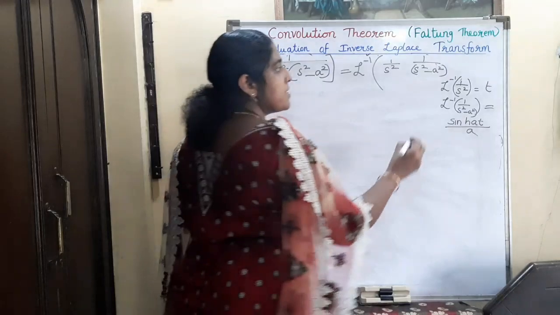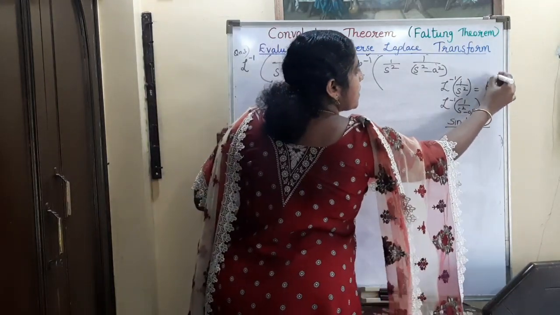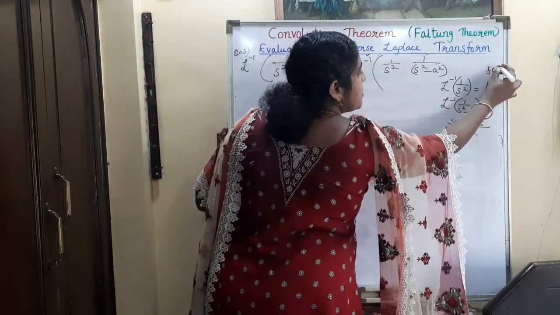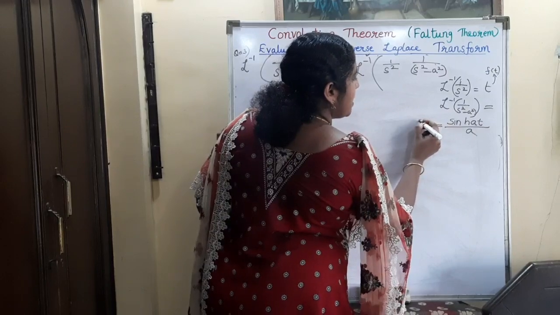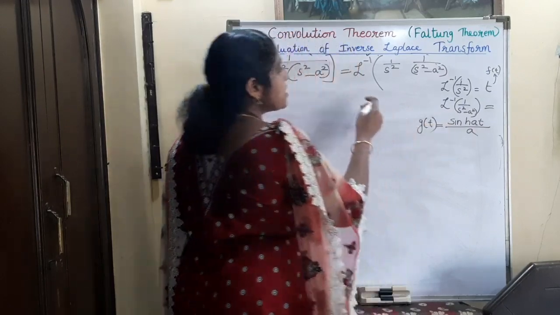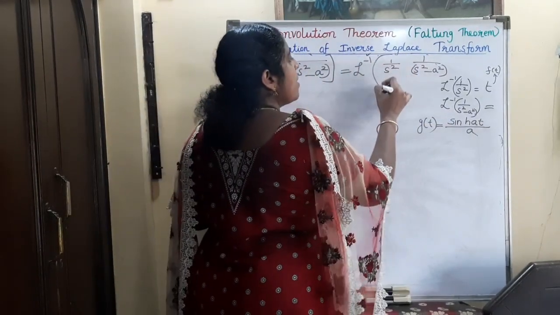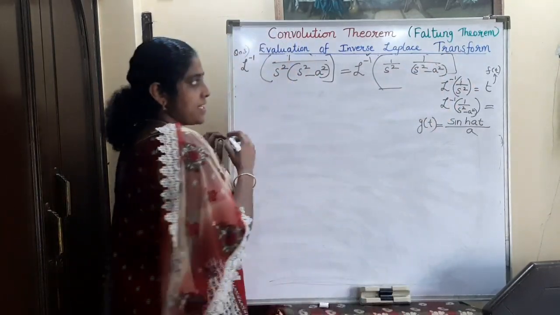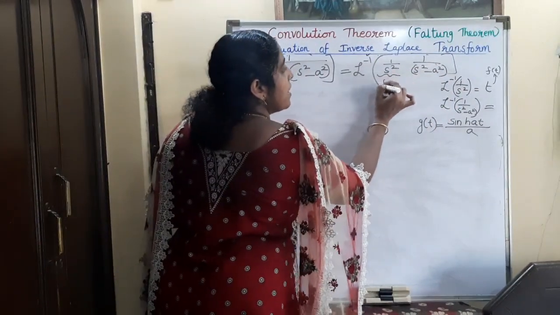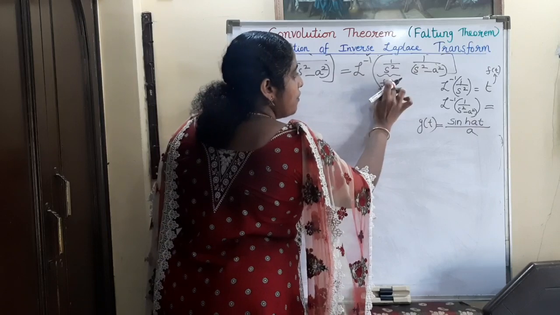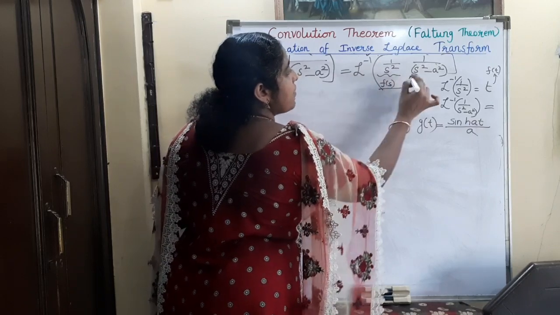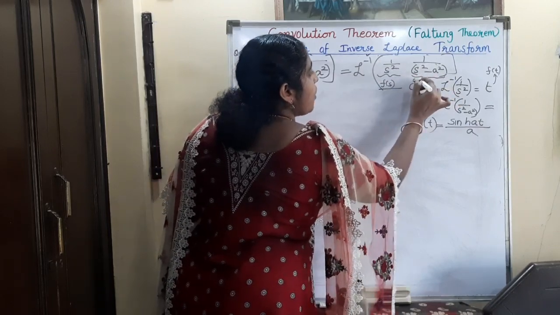So this t is our f of t, and sine at by a is our g of t. So these are the product of two Laplace transforms: 1 by s square is f of s, and this is g of s.